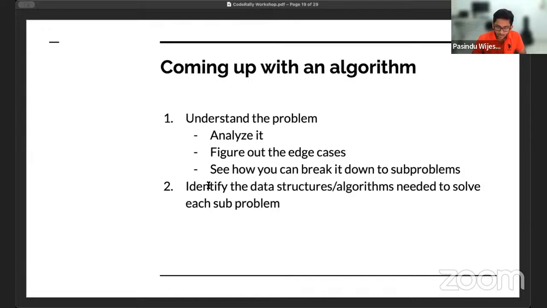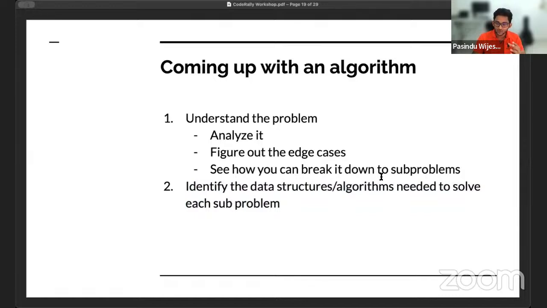Right? So the next part is where, once you can break down a problem into subproblems, your ability to identify the relevant data structures, the algorithms, or the modified algorithms that are needed to solve the particular subproblems is the next skill that you need to develop. And so these two go hand in hand, right?